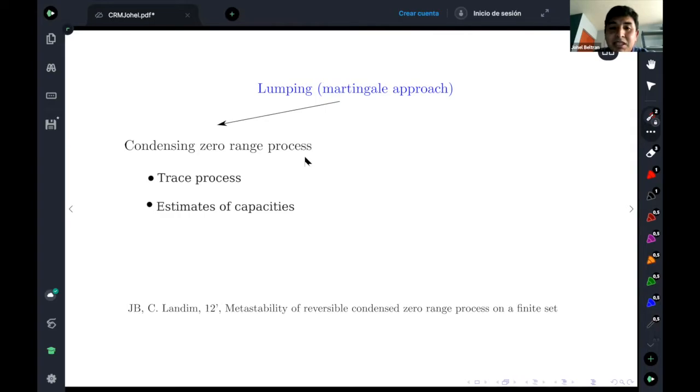But these are the tools that we use for that model. And I would like to stress that our Martingale approach for this lumping problem is not just based on capacities. It's not just an application of capacities, but capacity is just a tool we need in that very specific example.